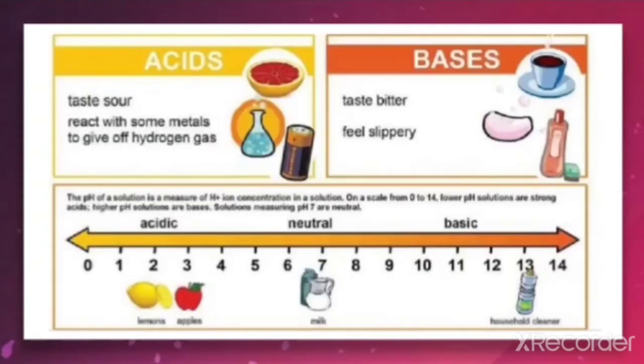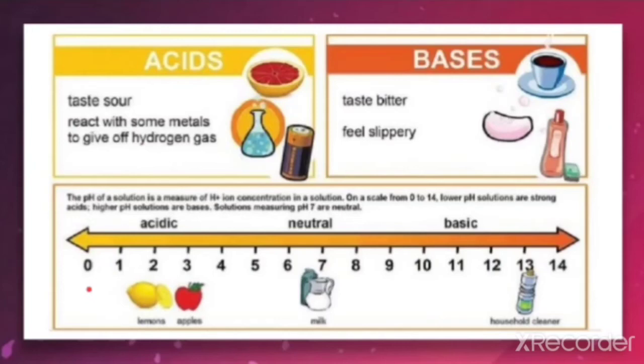When we do a comparative study, we can say that acids have a sour taste, bases have a bitter taste. Acids react with some metals to liberate hydrogen gas. Bases feel slippery. The pH value of a solution is a measure of H plus ion concentration in the solution on a scale from 0 to 14.